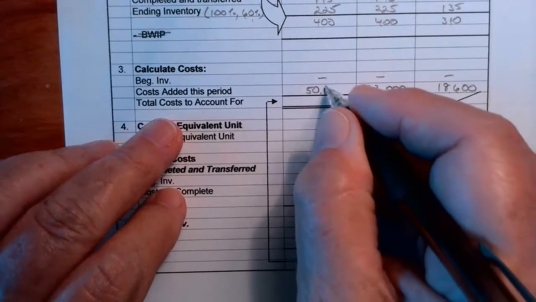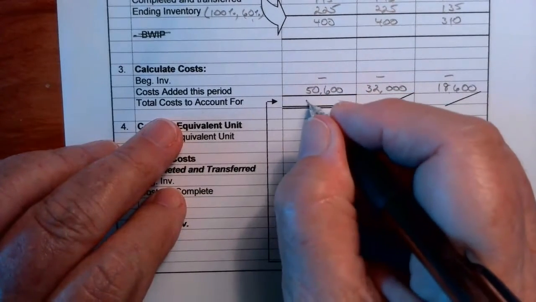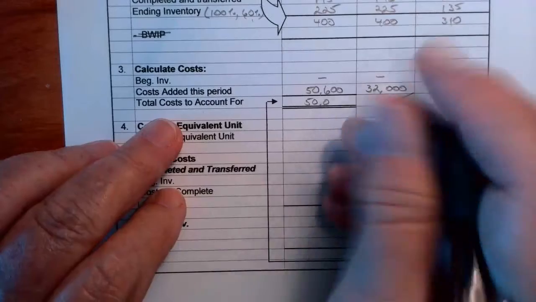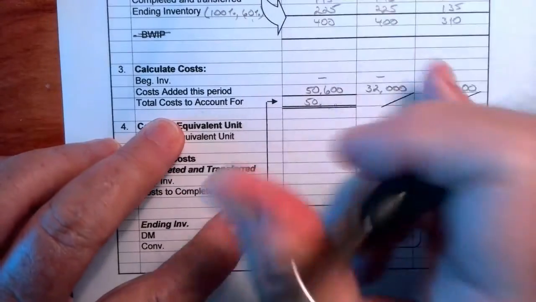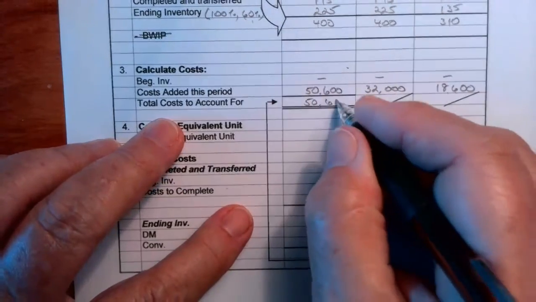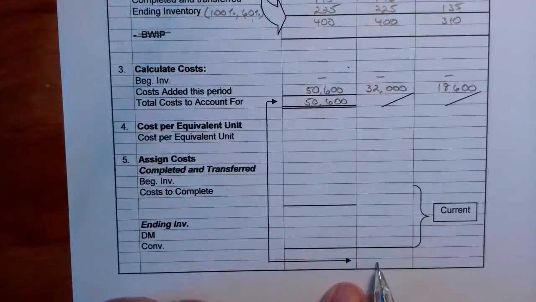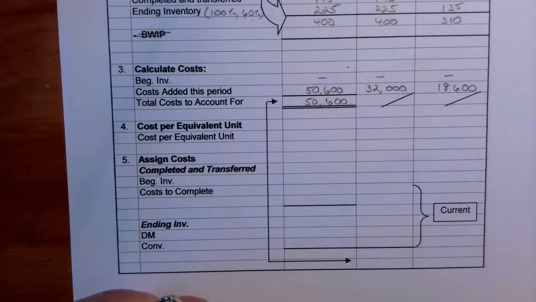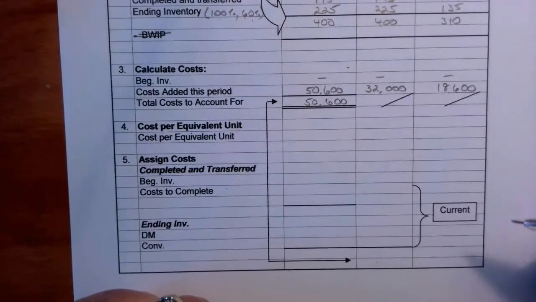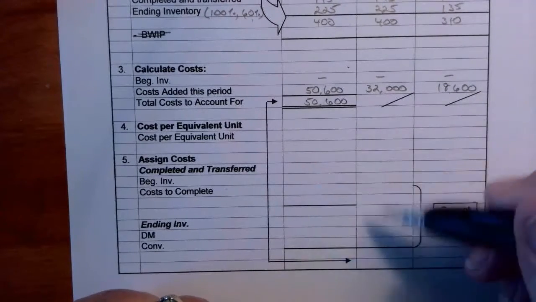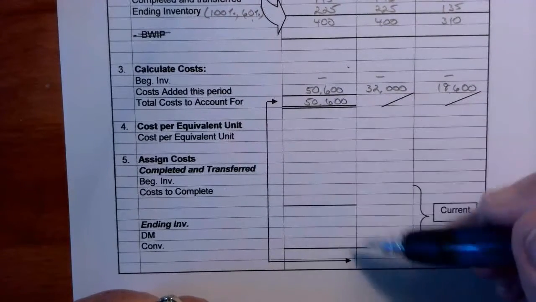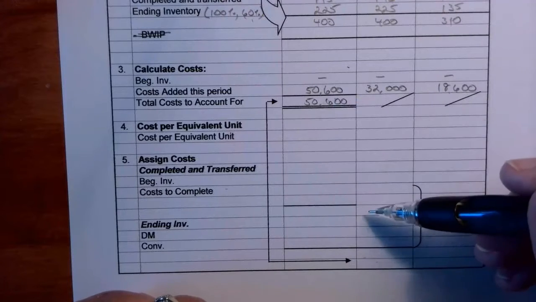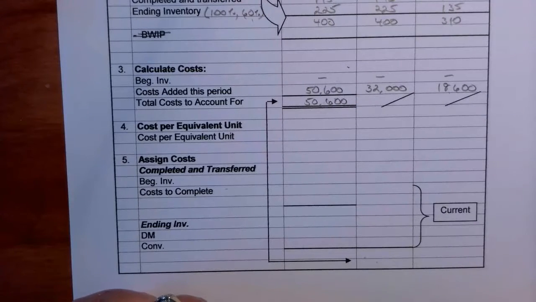The key with this is that's our total cost to account for. We've got to make sure that the total amount that we assign is equal to that $50,600. If you've got an error in here, it'll show up because those numbers won't be equal, which in some ways is kind of handy.